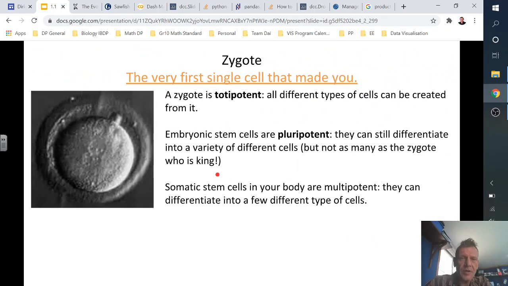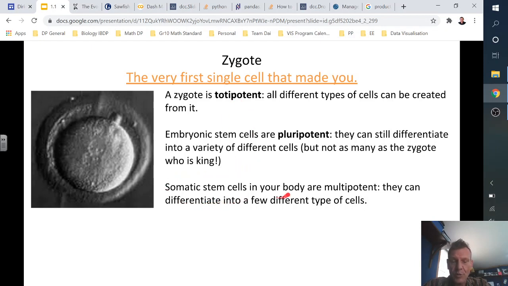Now, I mentioned the zygote already. I don't know if you're familiar with that term, but that's the first single cell that was you. A zygote is totipotent, it can become any type of cell still. And in the course of your embryonic development, it starts to differentiate into different types of cells, although embryonic stem cells are still called pluripotent. They also have the ability to develop into different other cells, not as much as the zygote, though.